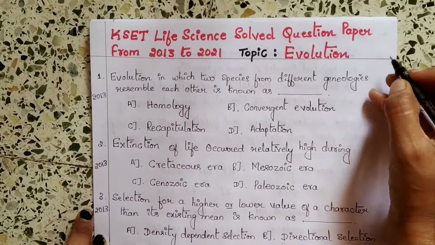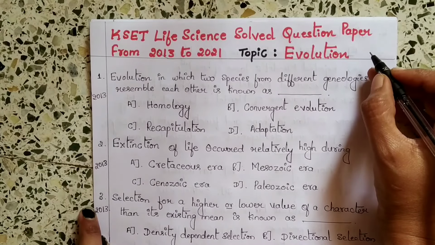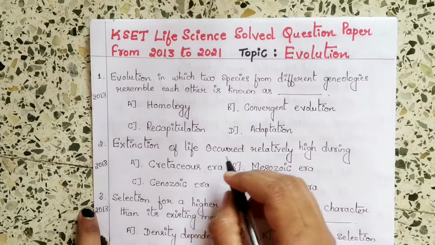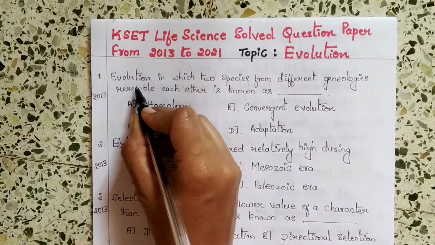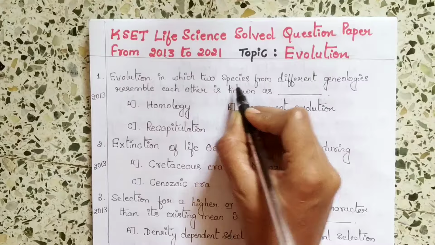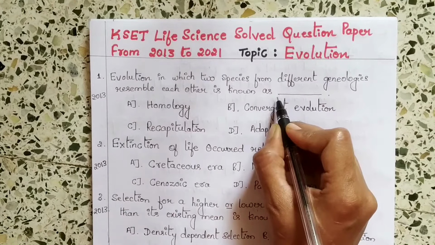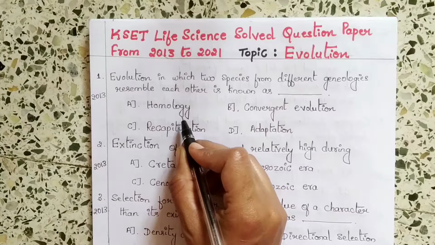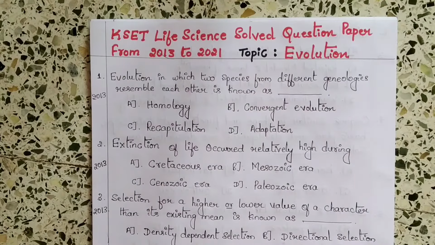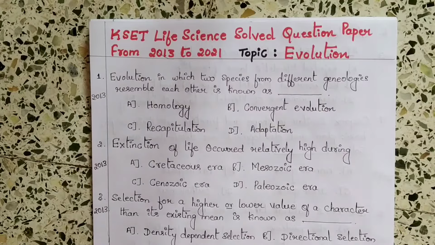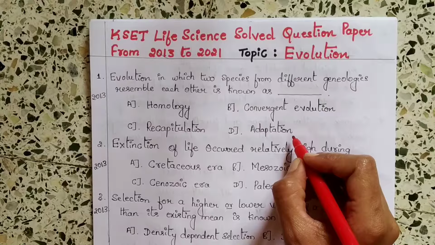As you know, I am solving the question papers from 2013 to 2021 on the topic of evolution. Let's start with the first question. Evolution in which two species from different genealogies resemble each other is known as: the first option is homologous, second option is convergent evolution, third option is recapitulation, fourth option is adaptation.